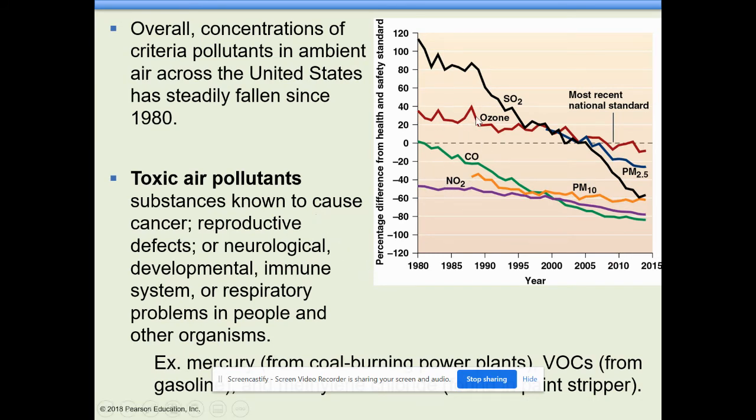Again, we're doing a pretty good job overall. Concentrations of these particular pollutants have gone down, as you can tell. We monitor very specific pollutants called toxic air pollutants that are highly, highly poisonous and toxic to us at very small amounts, like mercury, for example.